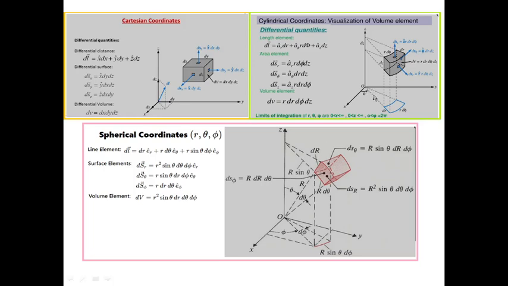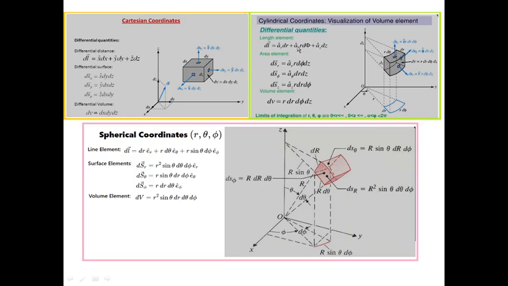Earlier we have told you that the r direction is radially outward from the z axis in cylindrical coordinate system. Next, it is r d phi along phi hat direction.